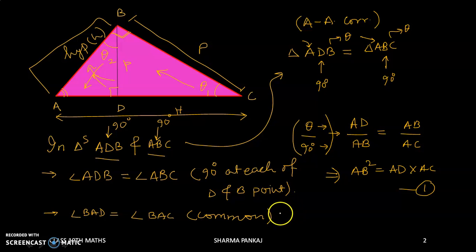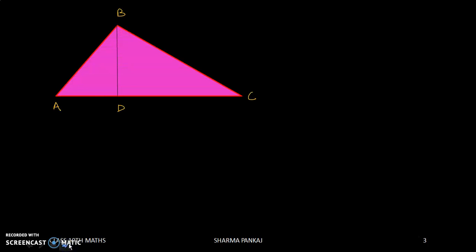Similarly, for this triangle, we have in triangles BDC and ABC. See this?